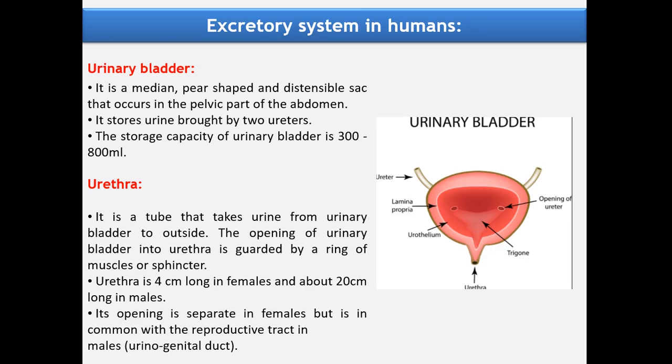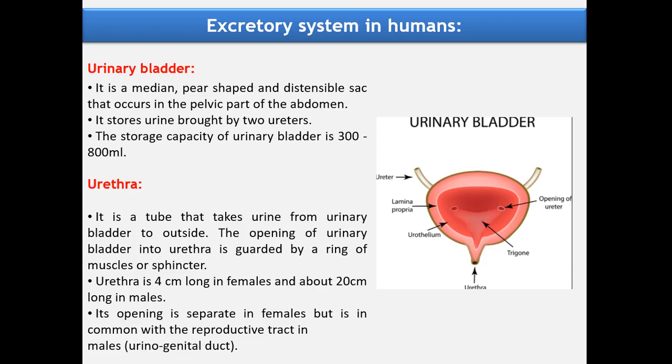Pelvic part means nothing but the lower part of the trunk, and this area provides support to the intestines, urinary bladder and the reproductive system. The reproductive parts are protected in this area. The main function of the urinary bladder is it stores the urine which is brought by ureters from the kidney, and its capacity is 300 to 800 milliliters.